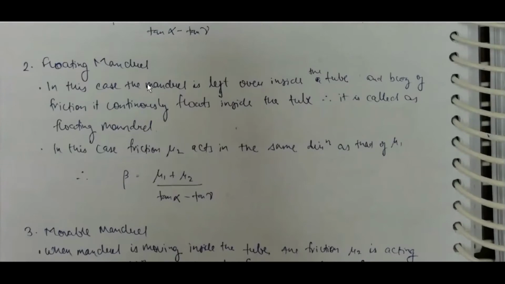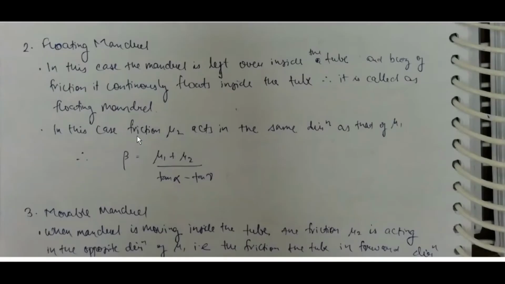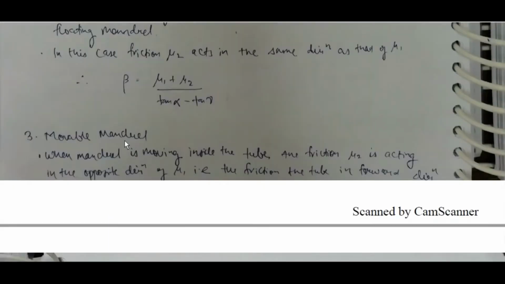Floating mandrel: in this case the mandrel is left inside the tube, and because of friction it continuously floats inside the tube. It is called floating mandrel. In this case, friction mu2 acts in the same direction as that of mu1. Beta is equal to (mu1 plus mu2) by (tan alpha minus tan gamma).